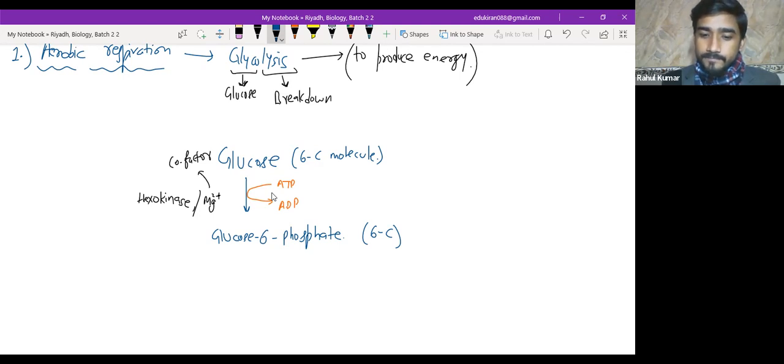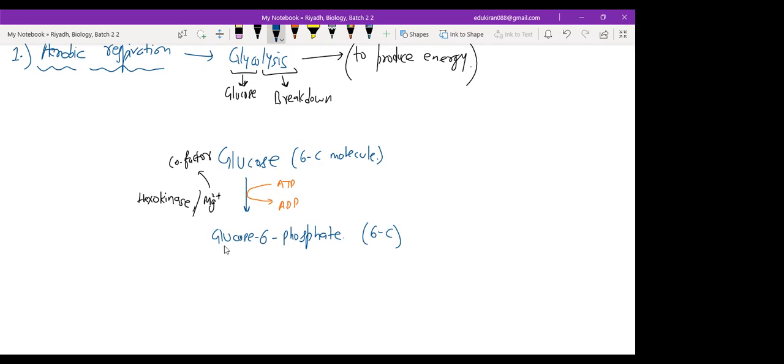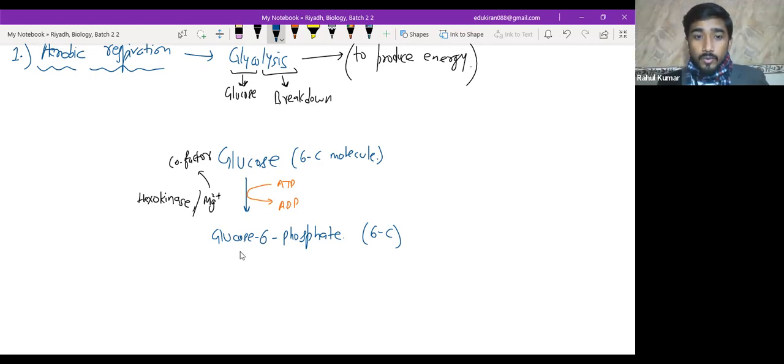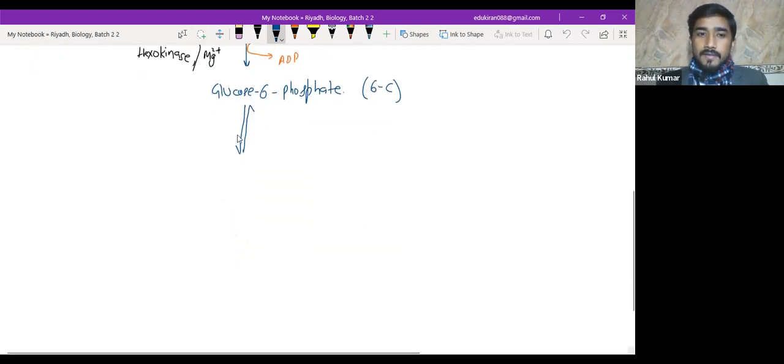Okay. Yes, sir. So what happens now? Glucose becomes glucose 6-phosphate. Now the second step is actually a reversible step, because energy is not utilized here. In this step, in the presence of an enzyme, again I'm writing all the enzymes here in black, we convert glucose 6-phosphate into fructose 6-phosphate.